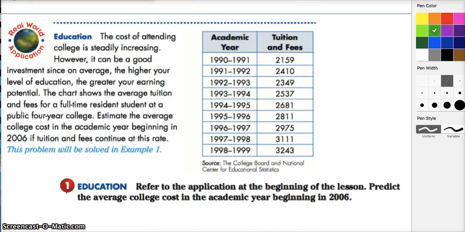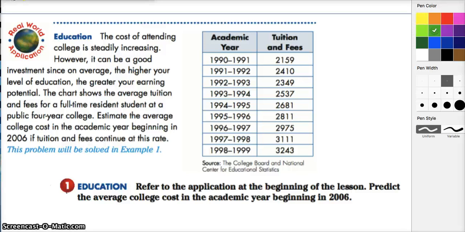So here in example 1, this is coming from the beginning of the chapter. We're going to take a look at some data and figure out what to do with it. The cost of attending college is steadily increasing. However, it can be a good investment, since on average, the higher your level of education, the greater your earning potential. The chart shows the average tuition and fees for a full-time resident student at a public 4-year college.